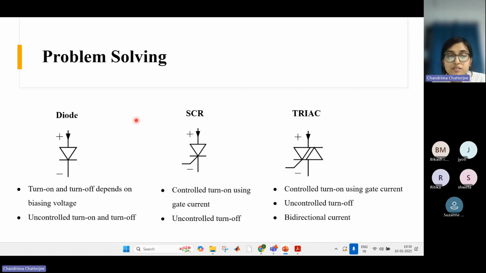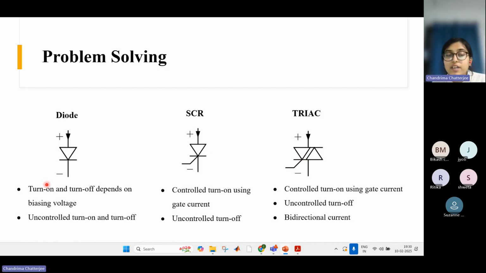Here we have diode, we have SCR, and this is the symbol of a triac. You can see there is this diode kind of symbol, but there are two diodes back-to-back, one like this and one like this. And there is one control terminal also.